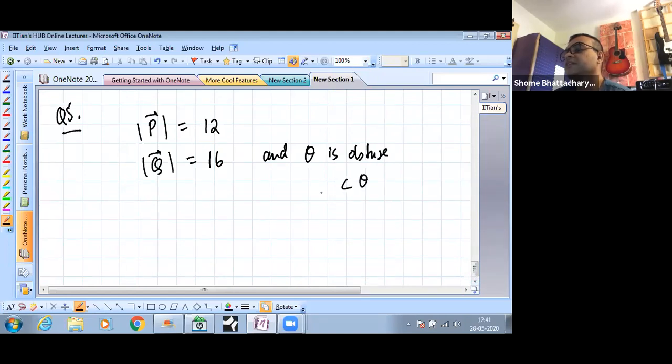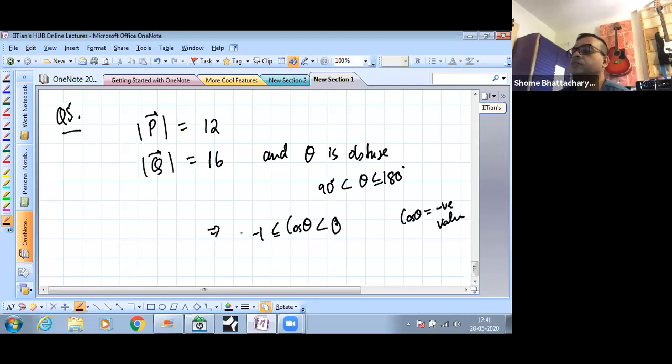That means theta is definitely greater than 90, less than or equal to 180 degrees. So that basically means that cos theta is less than 0 but greater than or equal to minus 1. So basically cos theta is a negative value. That's the important thing over here.